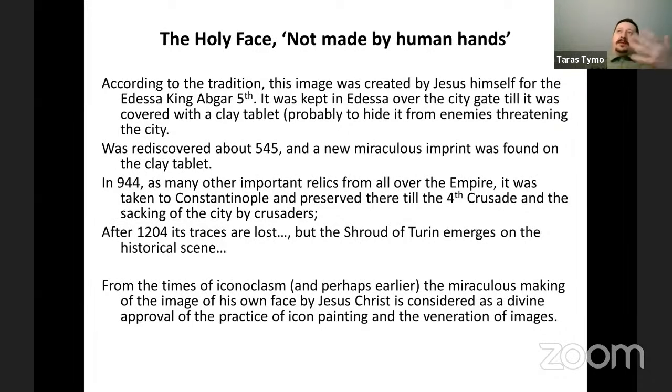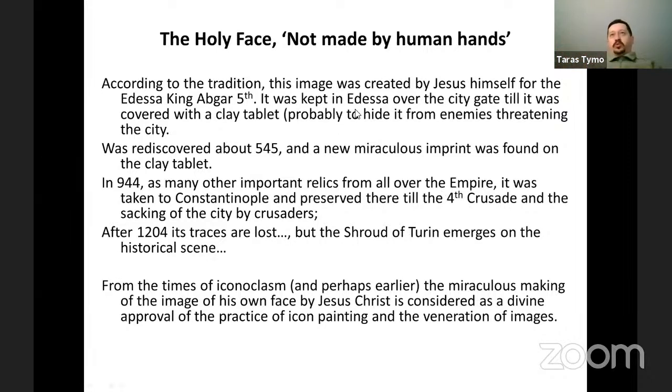And to explain the appearance of this image, they composed a legend that somehow tied the emergence of this image to Abgar and Jesus. But this image could have been produced by Jesus, but in different circumstances, and we will speak about that in a minute.